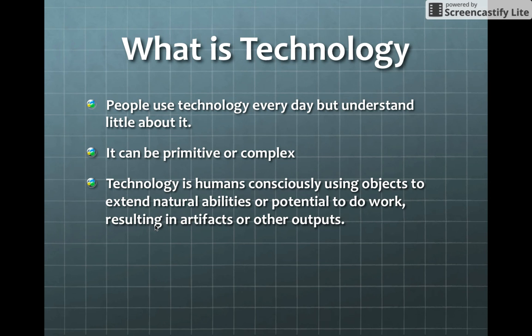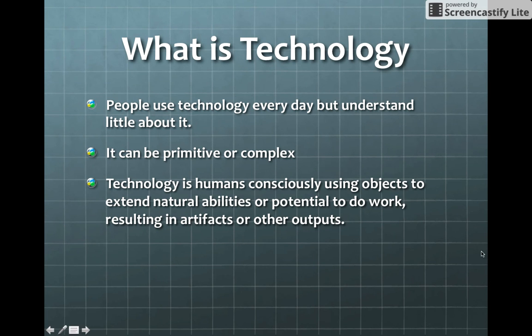It's as simple as helping us write something down. Or it can be extremely complex, such as a computer with all of the microchips and processors inside, or a robot that helps a surgeon on a brain surgery or anything like that. It can be a very complex object.